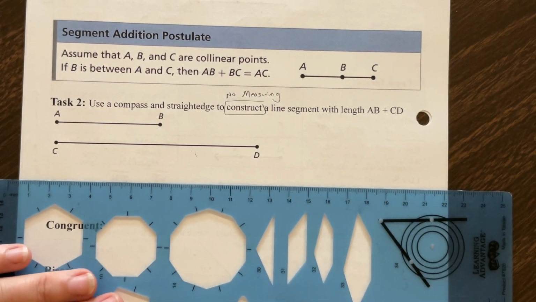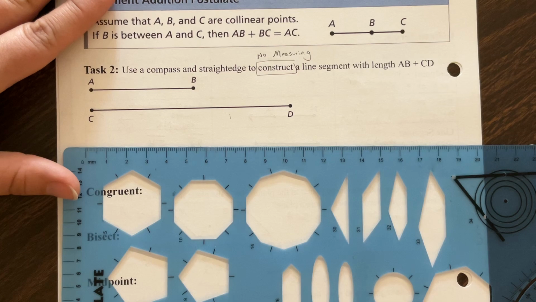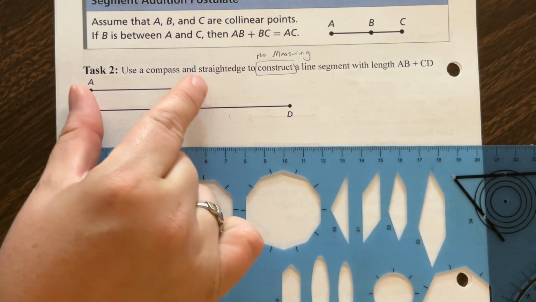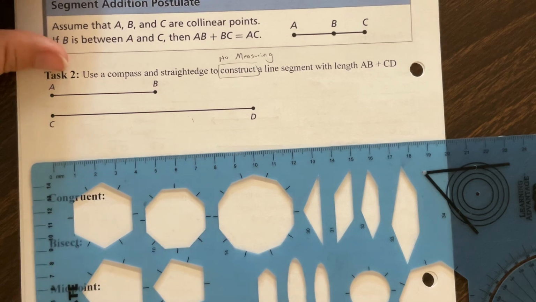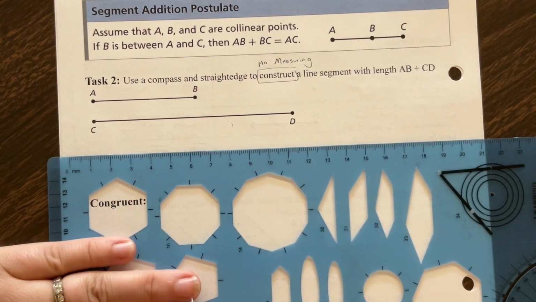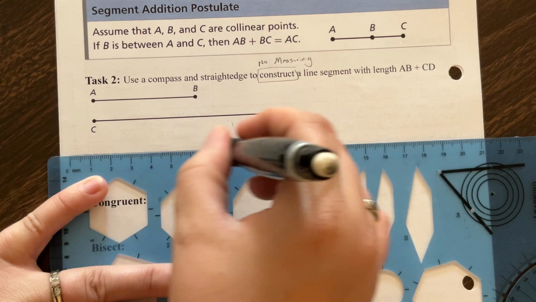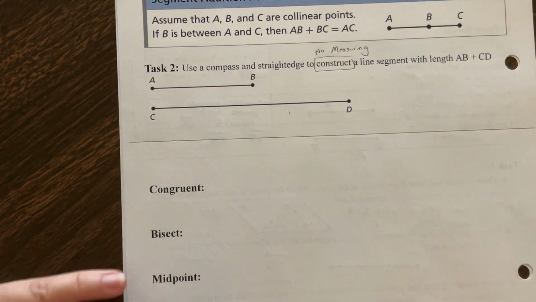The first thing I'm going to do is eyeball, and draw one that I think for sure is long enough. If I took this and added it onto that, it's almost going to be the full length of my paper. So I'm going to use my template because it's longer, and draw a preliminary line kind of all the way across my paper.